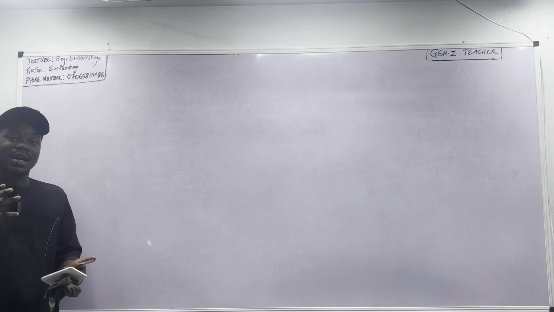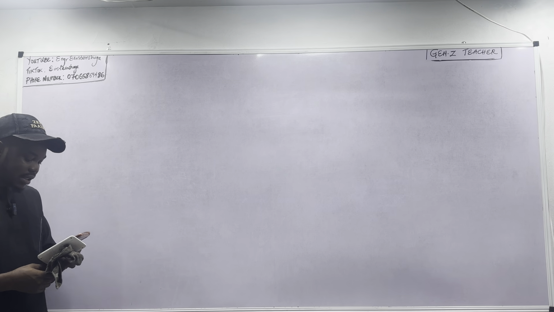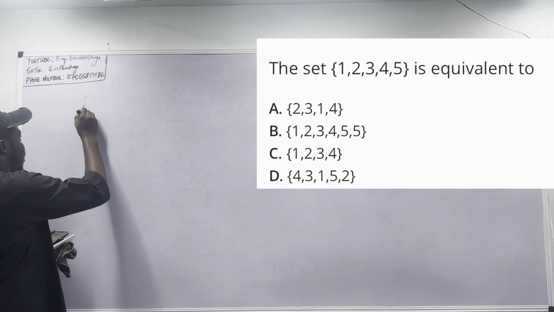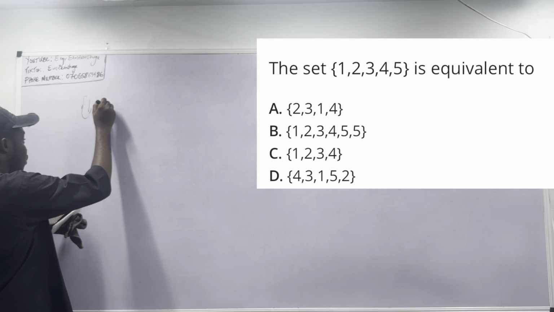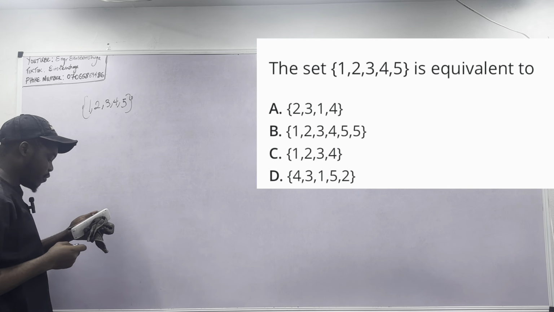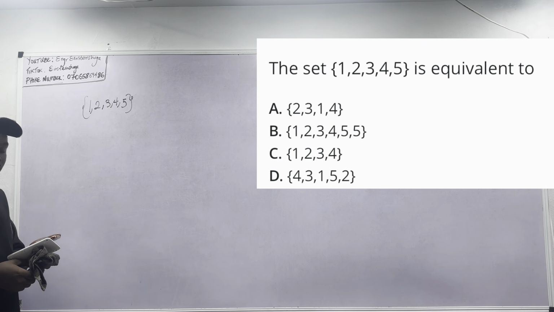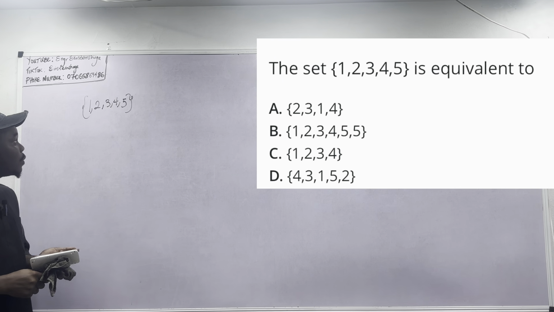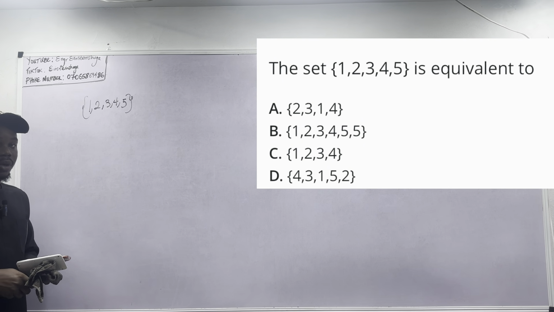Question number 2, as displayed on the screen, it says the set {1, 2, 3, 4, 5} is equivalent to, now the options given were A, B, C, and D. Now quickly, what is an equivalent set?